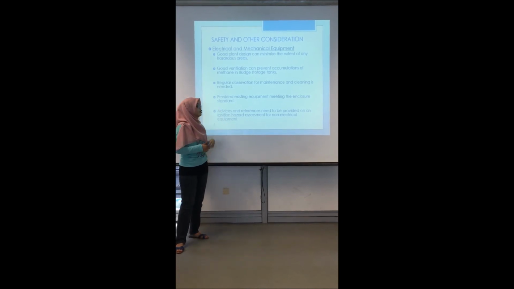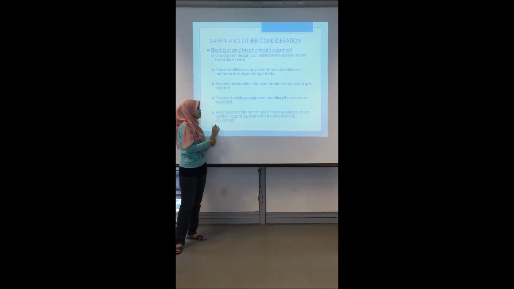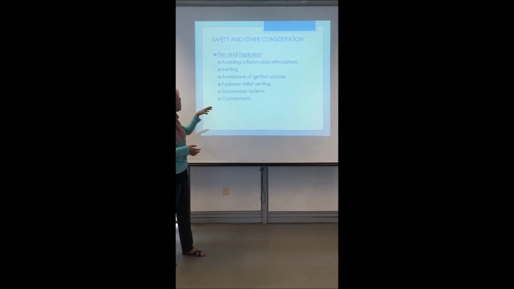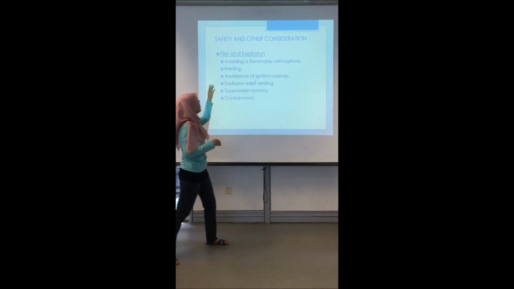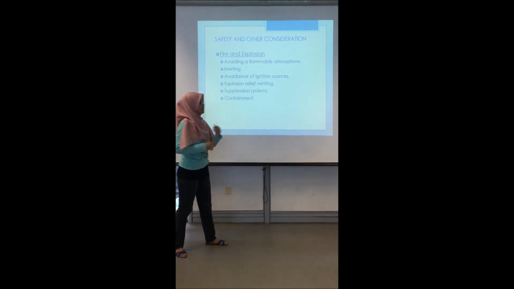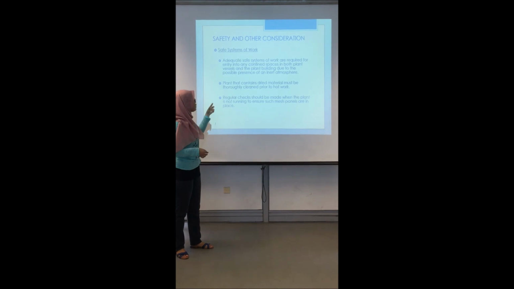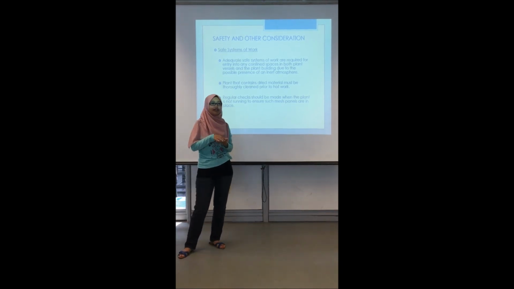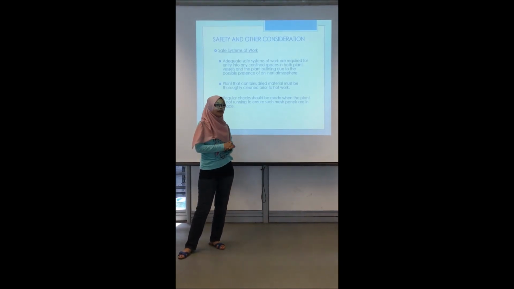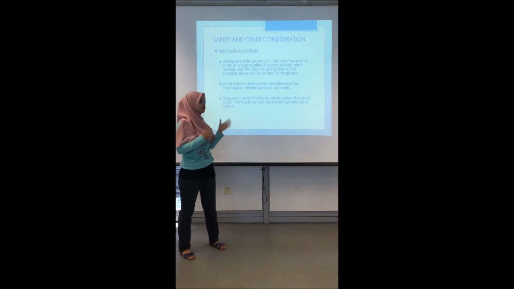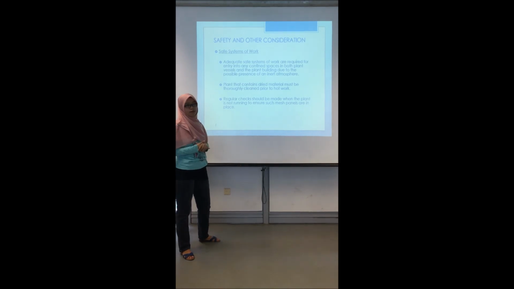And the rest you can see from this slide. Next, this is the safety that we need to pay attention to for fire and explosion. Next, the safe systems of work. This one is for the whole plant and the workers, the transport, and all the basic safety is in here.